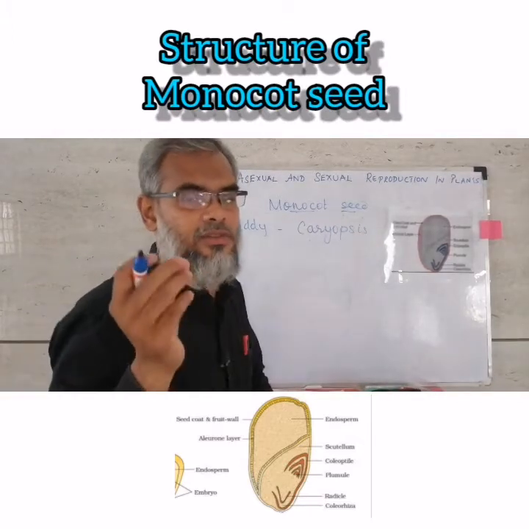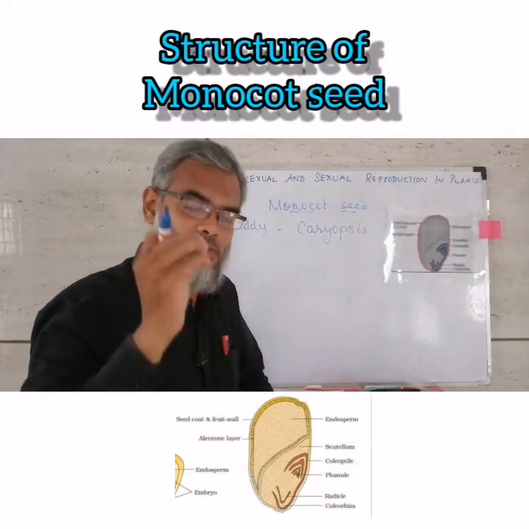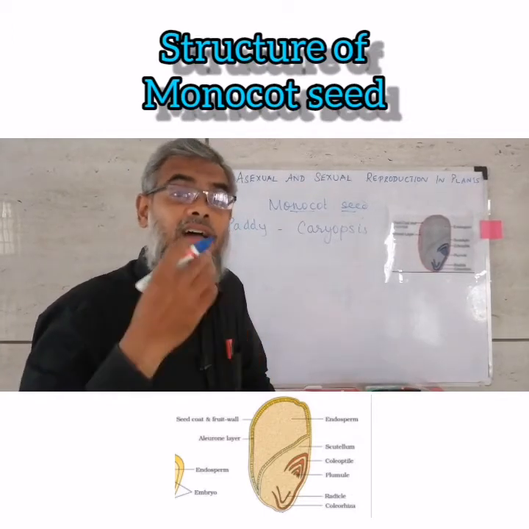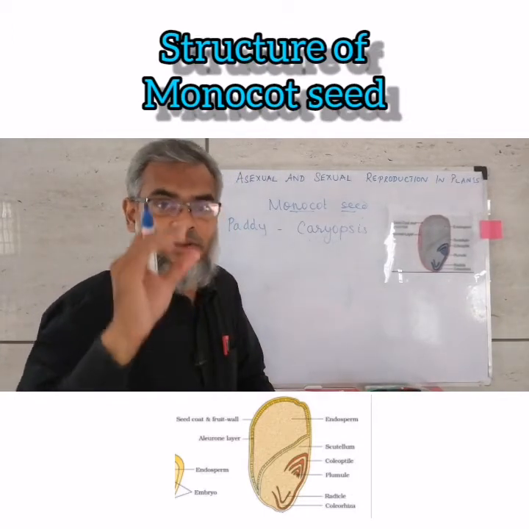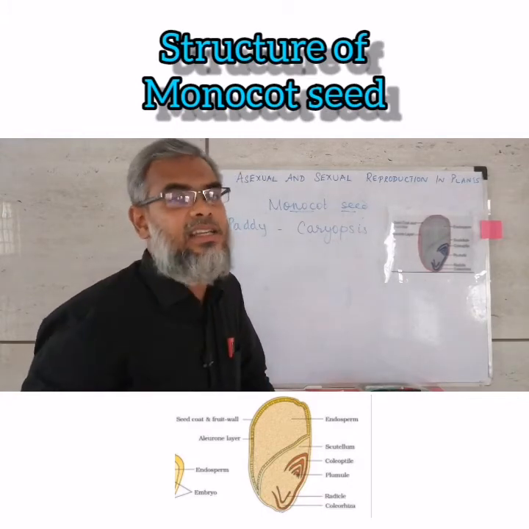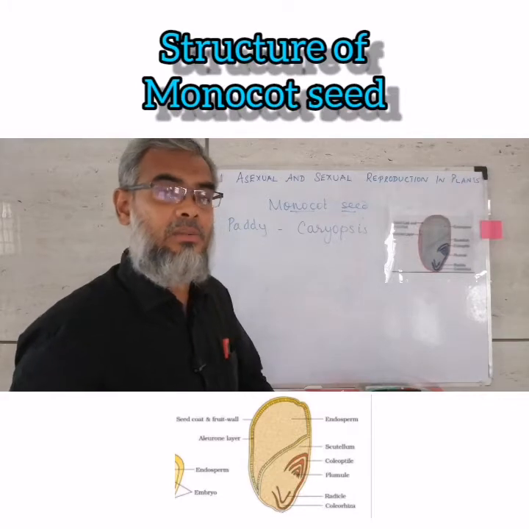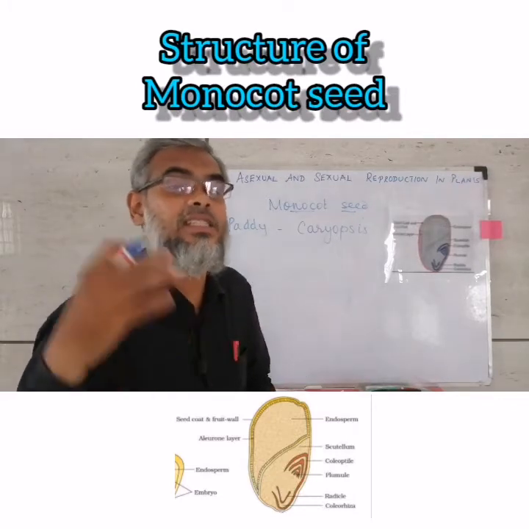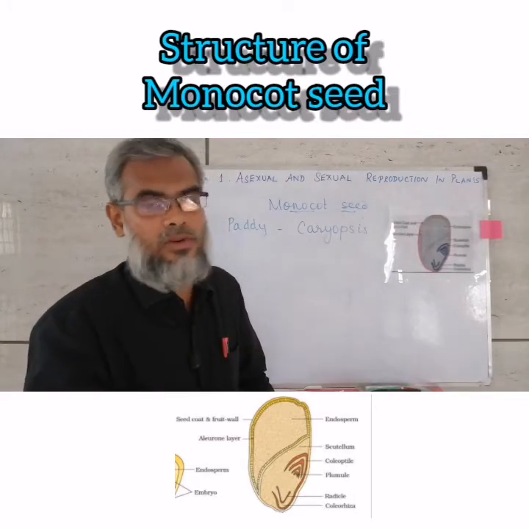You know the structure of a rice paddy, isn't it? There is a brown colored outer covering. It is actually a seed. Now let's discuss the internal structure. What things are present inside the monocot seed?